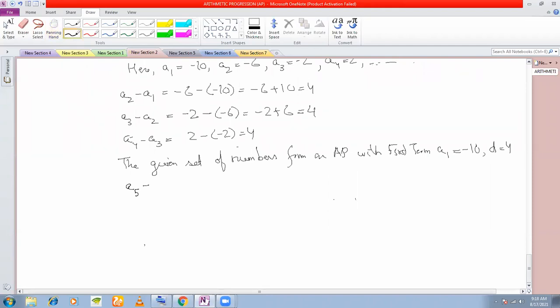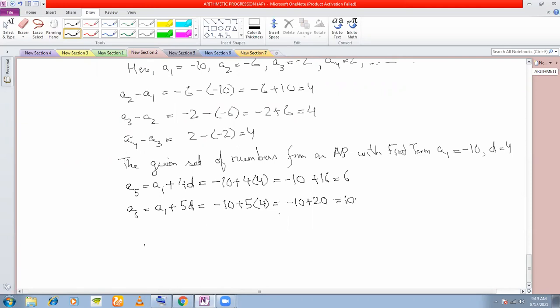The fifth term is A1 plus 4D, which is -10 plus 4 into 4, that is -10 plus 16, which is 6. A6 is A1 plus 5D, which is 10.